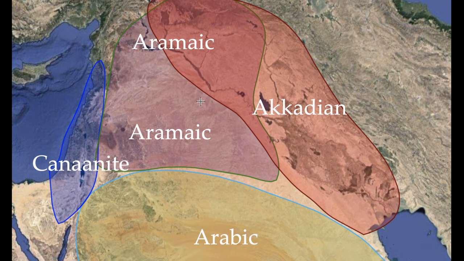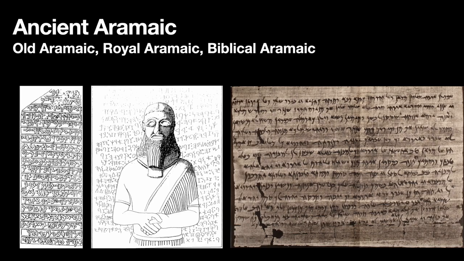And so there's different times and periods where Aramaic is popular in those regions. It tends to be popular in the ancient world in the top portion and the left portion of the Fertile Crescent.